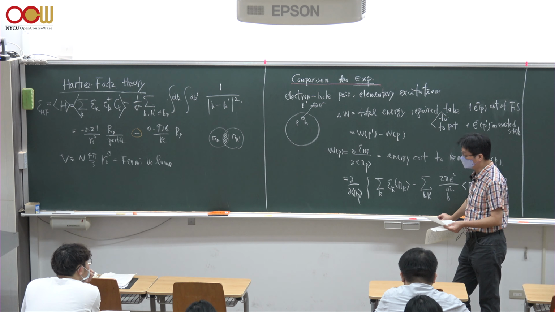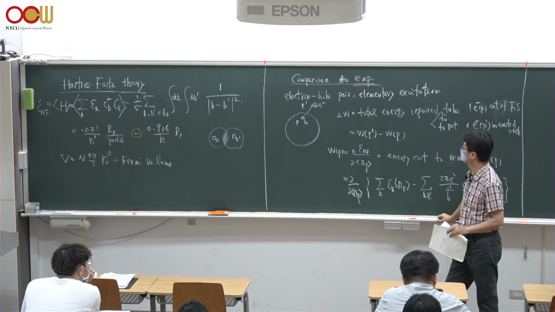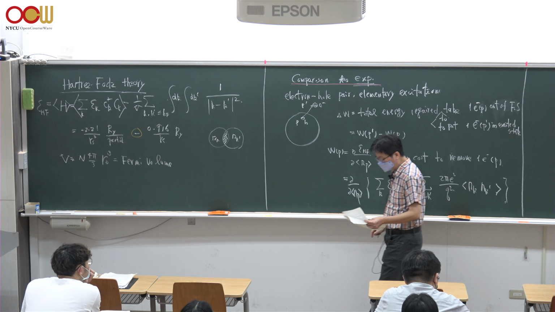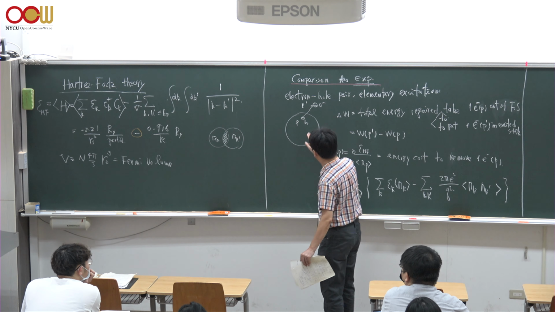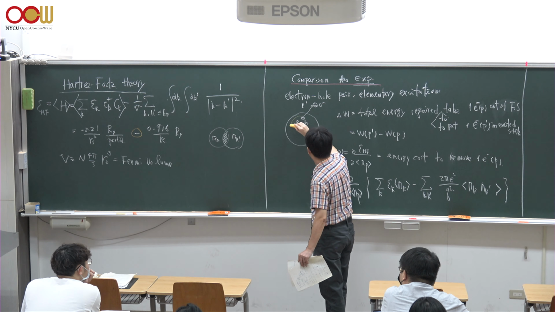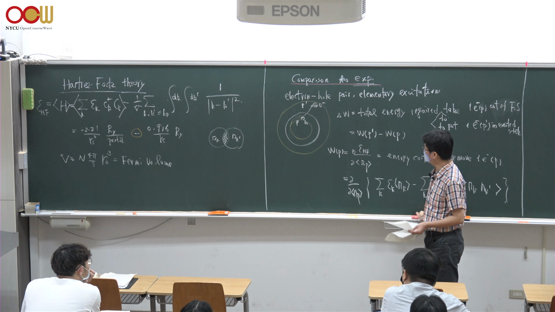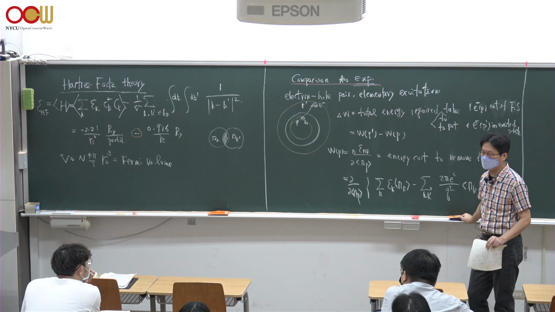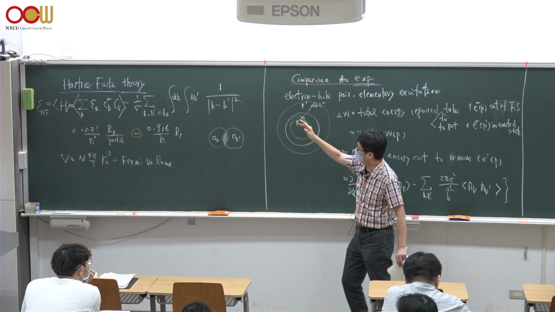So the first thing that we can compare is the elementary excitation energy, which is the electron hole pair excitations for a nearly free electron gas. And this is a Fermi sphere, and you could imagine that you have this particle hole pair excitation. And remember now that the total energy of this system is given by this Hartree-Fock energy.